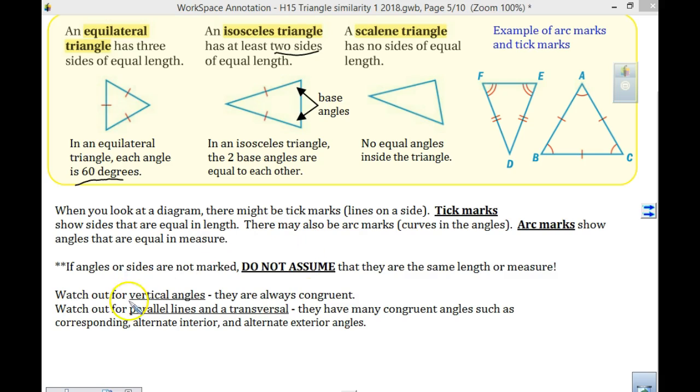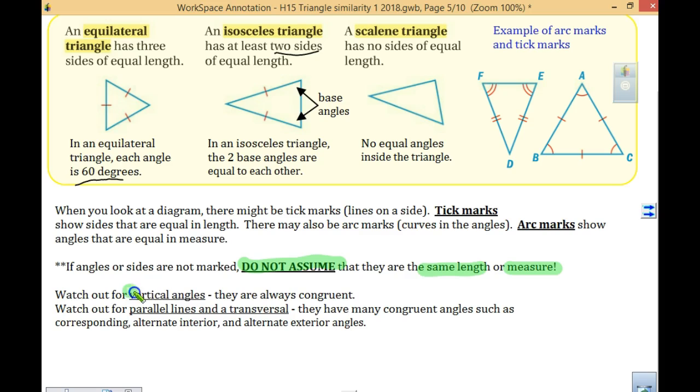If angles or sides are not marked, here is the key phrase for you: do not assume that they are the same length or measure. Some of you will look at a picture and just say, oh, they look the same. A lot of times our pictures are not going to be drawn to scale, so watch out.